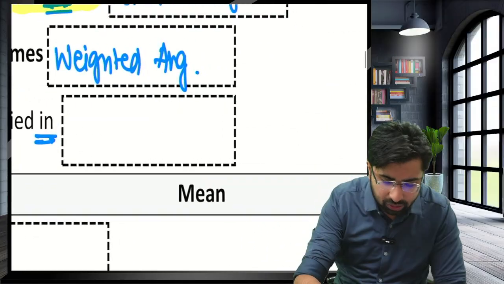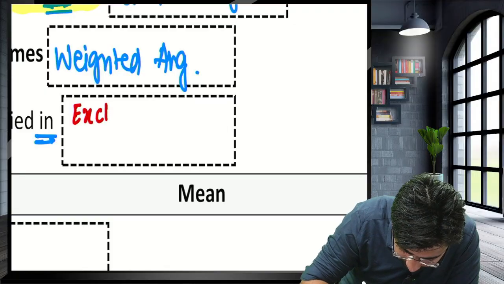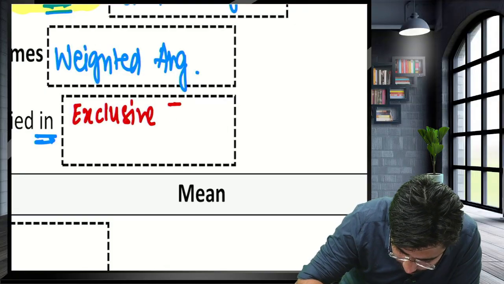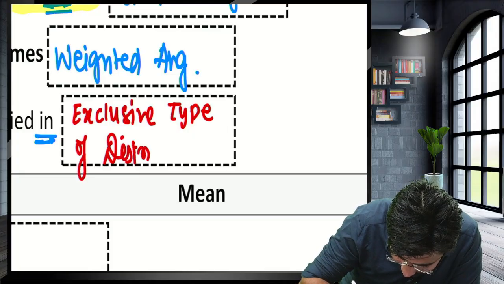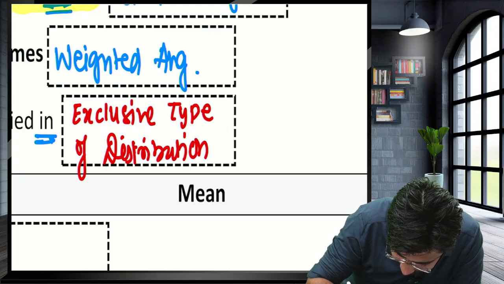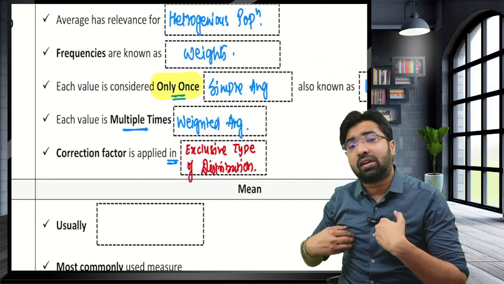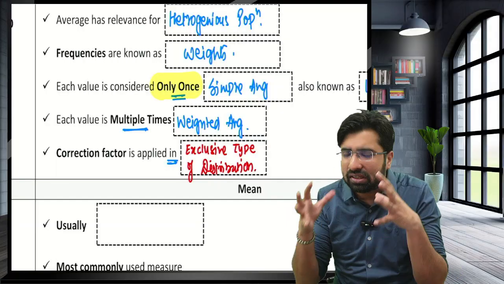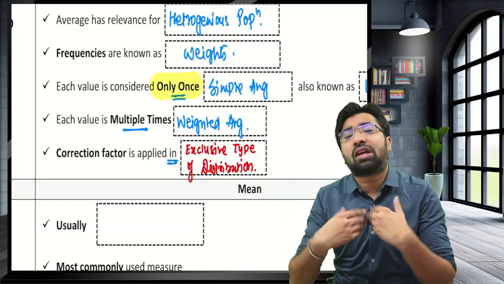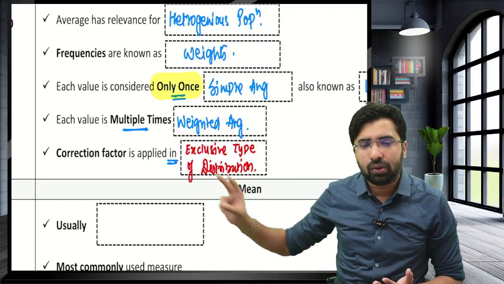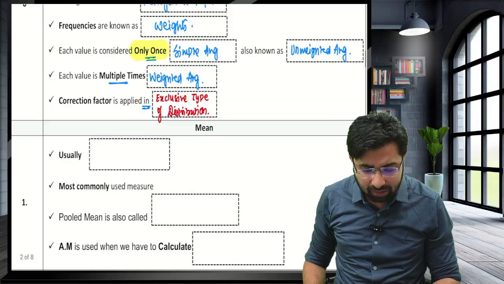To create the exclusive type of distribution. So the answer will be exclusive type of distribution. And here we are done with the general points of the MCQ which they can ask.